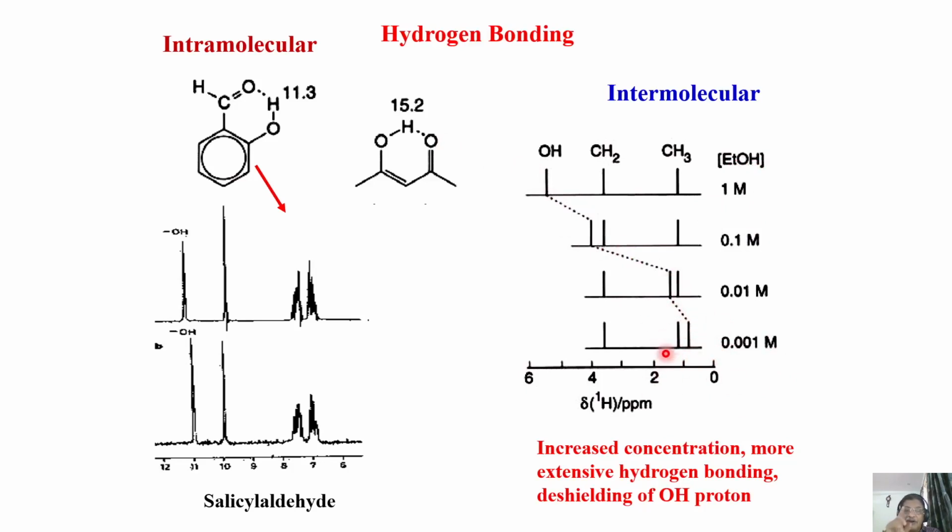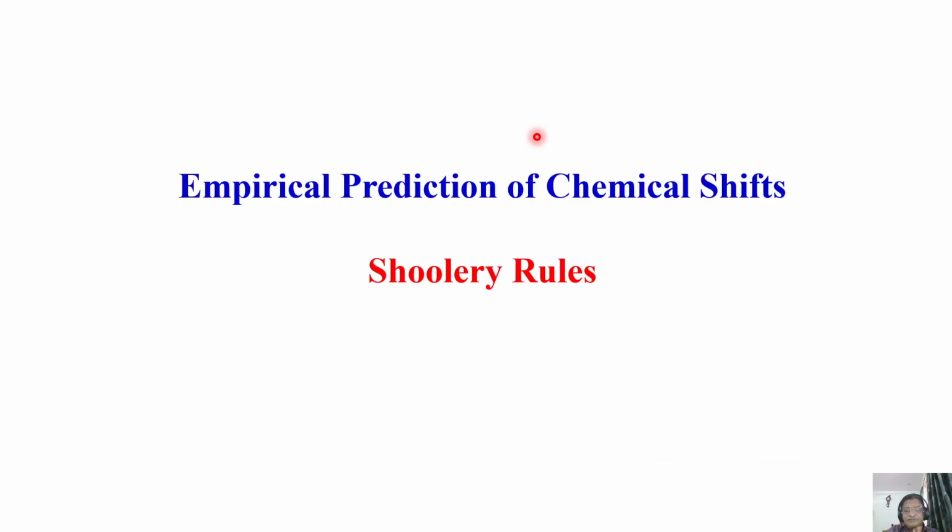That's what I said: for exchangeable protons, OH and NH, there is no distinctive chemical shift range. At very low concentration of EtOH, it was beyond CH3, at very high field. As you keep on increasing the concentration of EtOH, it moves so much downfield. A drastic shift is there. So these things help you in understanding hydrogen bonding and other things.